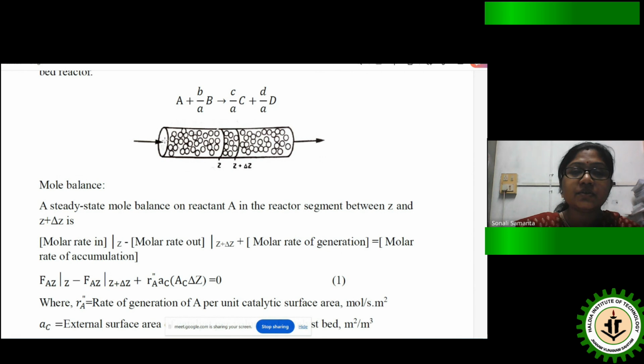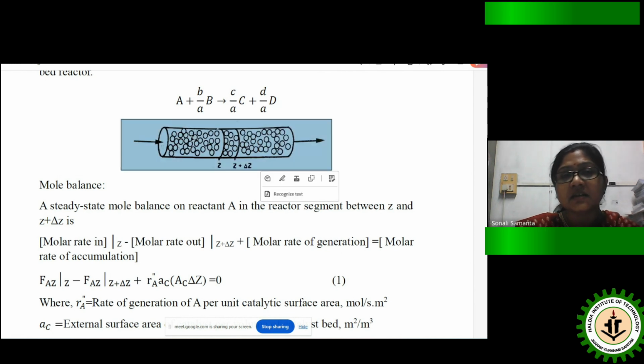When we consider that higher velocity, definitely we must say that the convective flux is much higher than the diffusive flux. The convective flux happens in this direction, and the diffusive flux happens in this direction.